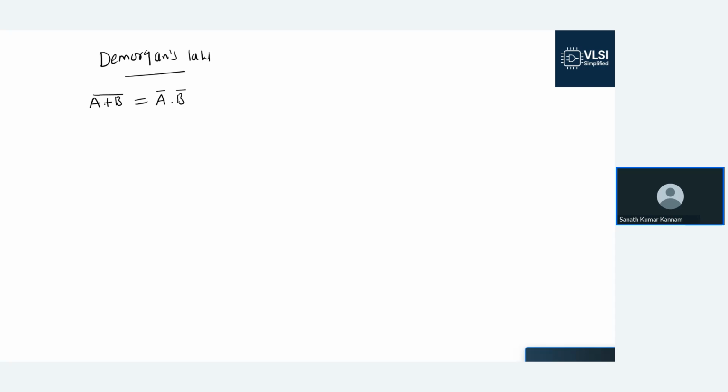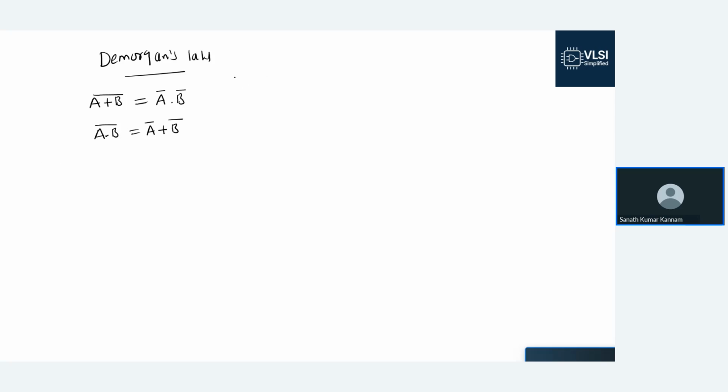And one more law. So that is A and B whole bar equal to what? A bar or B bar. So AND whole complement equal to what? Complement will come to each and every literal, and AND will change to OR. Okay, so this is DeMorgan's law.